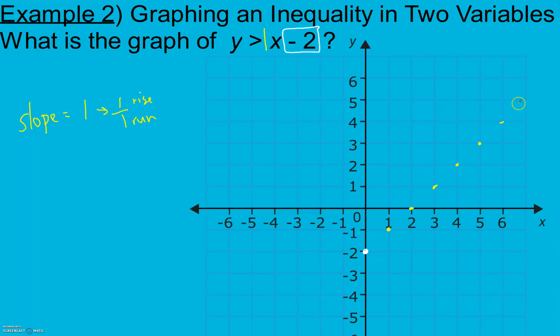If we look at our inequality now, what we've done so far is the same as we've done last chapter. The difference, though, is we need to check our inequality now. If we look here, our inequality doesn't have an equal to line.